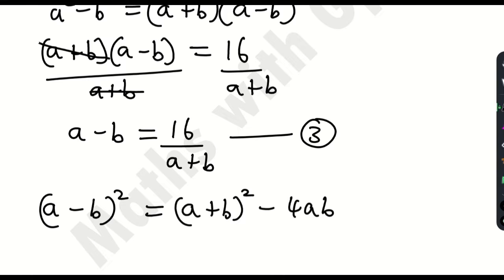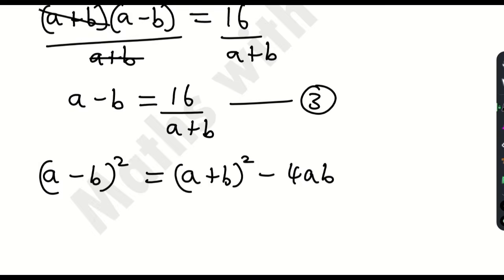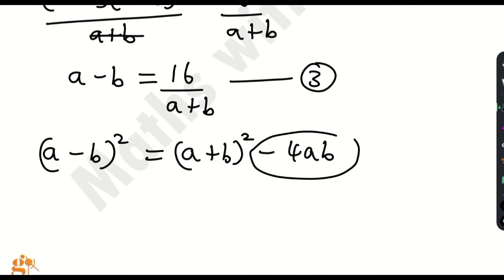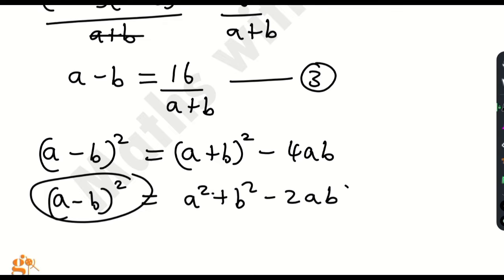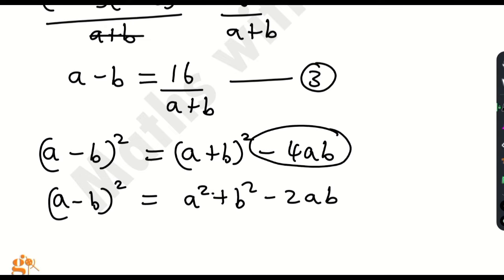Don't worry, let me just quickly break it down for you. How come I have negative 4ab? Let me start off by telling you that a minus b all squared is equal to a squared plus b squared minus 2ab. If you expand this, you are going to get this.